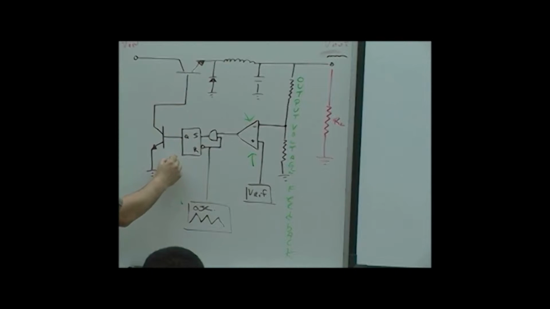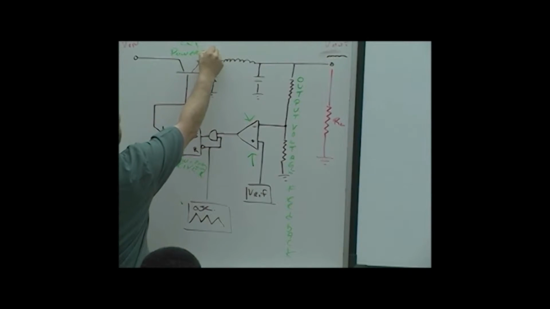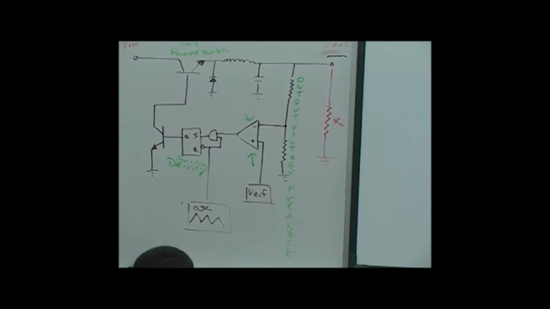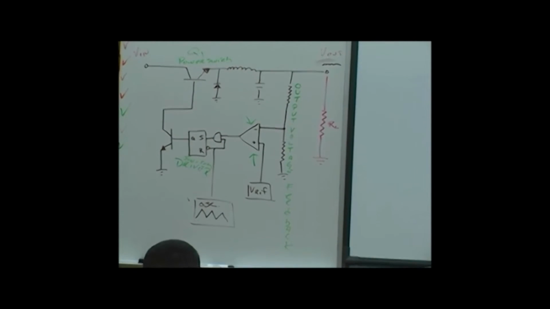We have this, what do we call this stage? Yeah, it's a switch driver. Because it's about this guy right now. This is our power switch. So we're using the word switch, so these transistors must be switching between saturation and cutoff.